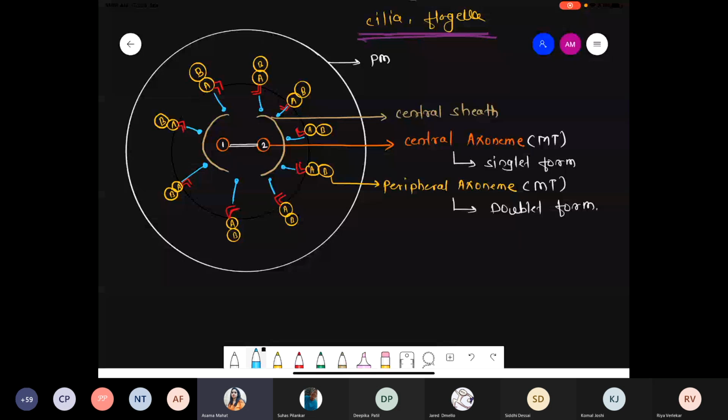This color indicates the spokes, which provide support. So just see, the central axoneme is done and the peripheral axoneme is done: central axoneme total 2 and peripheral total 9. So 9+2 arrangement, and everything else is a supportive structure. The plasma membrane is present, spokes are also present. The last point we are talking about is the linker, that is the AB linker. Last point, the AB linker. A is attached with B like this. So this structure is called the AB linker.